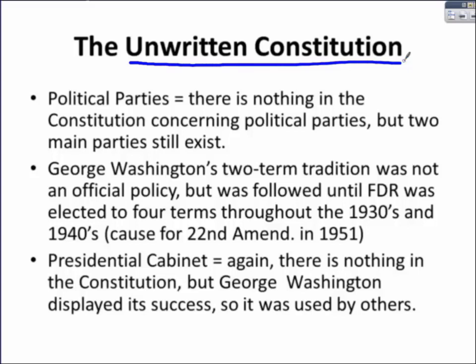It is not quite as authentic today because usually the cabinet of advisors are all people that will just tell the president, yes, Mr. President, everything you say and do is the right thing to do, whereas George Washington really had a lot of advisors that vehemently disagreed with each other and argued quite a bit. He liked it that way, though, because he knew he could make a well-informed decision. So, political parties, two-term tradition that eventually calls for the 22nd Amendment, and the presidential cabinet are all parts of the unwritten Constitution.